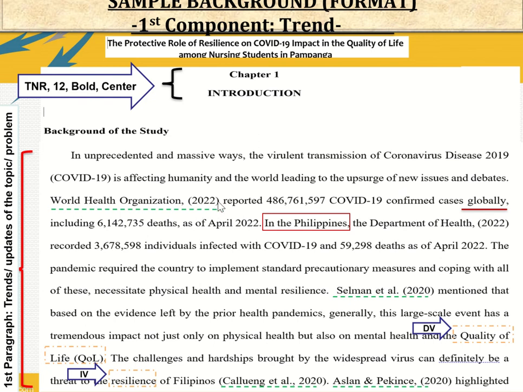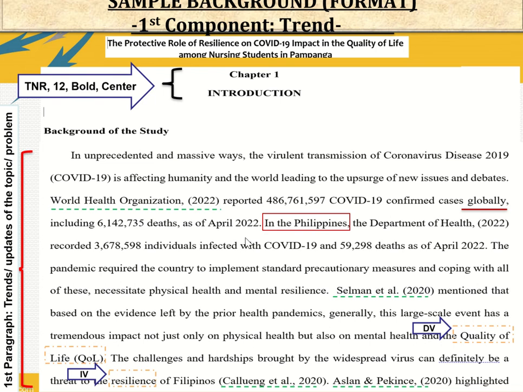So WHO, or World Health Organization, 2002 reported 486,761,597 COVID-19 confirmed cases globally. So this is the authors presented the global perspective of COVID-19 in its background of the study sa kanyang first few sentences. And then including 6,142,735 deaths as of April 2022.